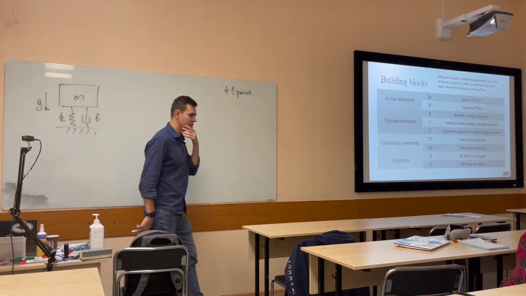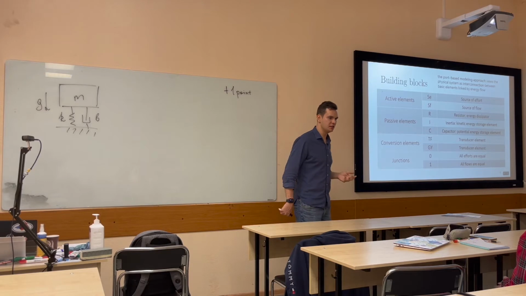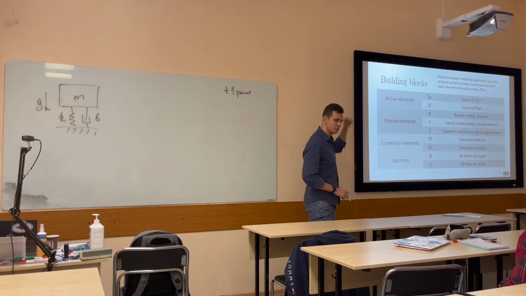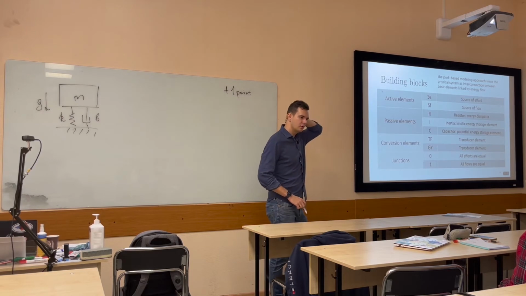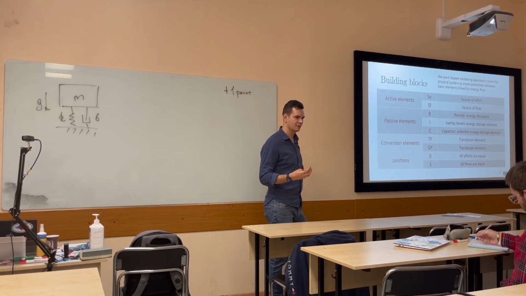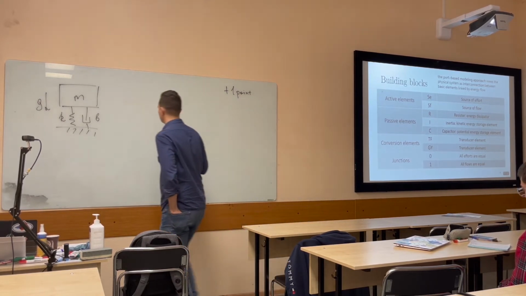It's an active element, right? So gravity, m times g, is force, right? So which one should I use? Flow is velocity, but we know force. We need a source of force, right? We do know force. It will be a source of effort.